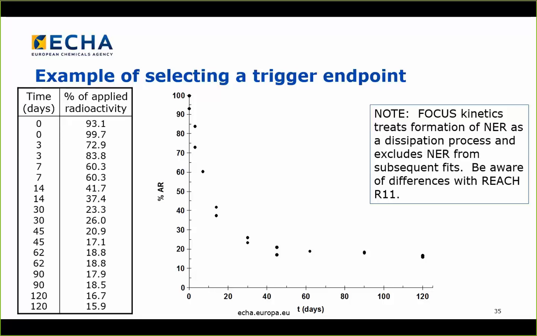But for the rest of this presentation and for the rest of the workshop, we are really presenting what FOCUS Kinetics tells you about how to do the kinetics. So FOCUS says we'll treat the formation of NER as a dissipation process and we'll remove it from the equation. So this is just some experimental data of extractable chemical.